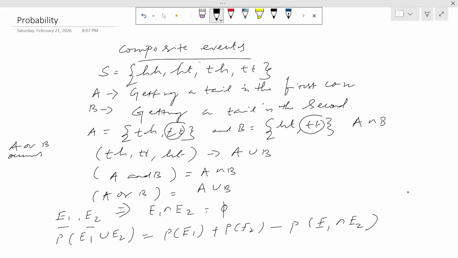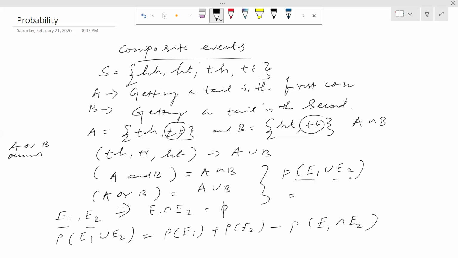And similarly, if E1 and E2 are mutually exclusive, then what will be probability of E1 union E2? Sangeeta? Yes, sir.